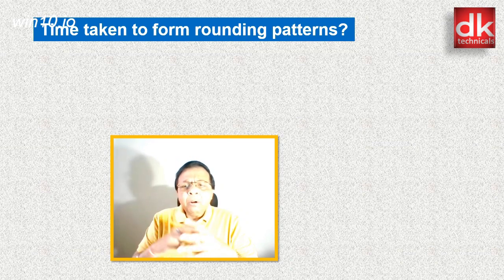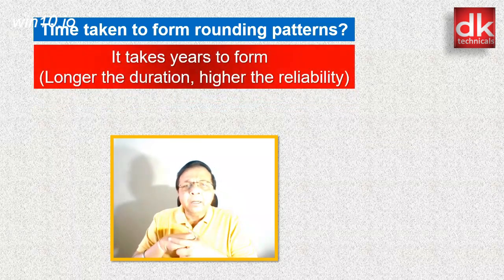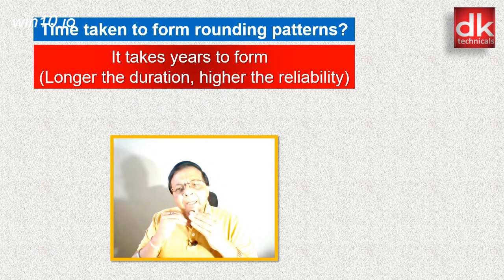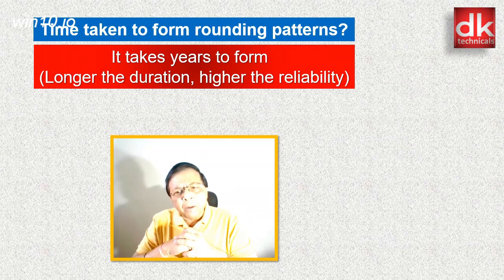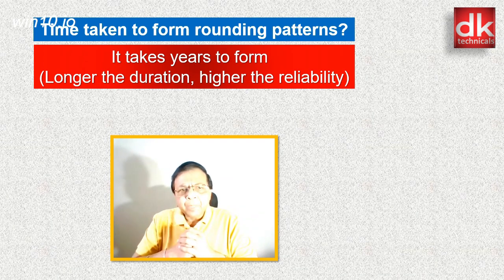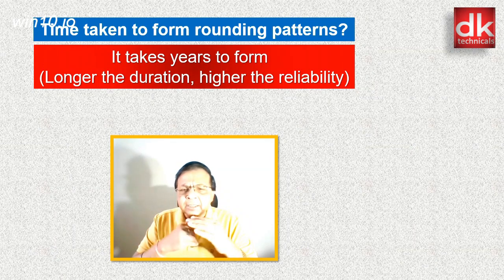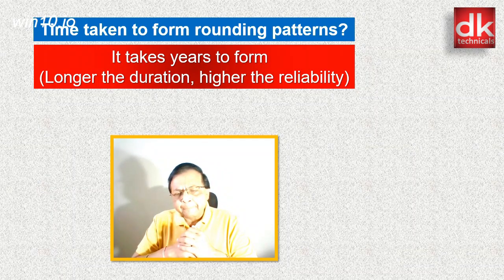And friends, it's very important: it might take several years to form, maybe 10 years, 8 years or 12 years, but it's a very reliable pattern. The longer the duration taken to form, the better the reliability.